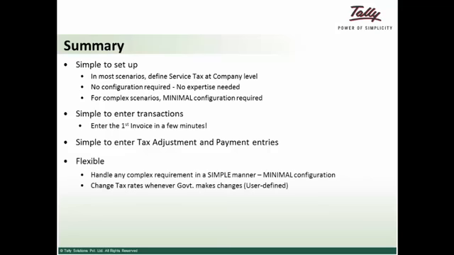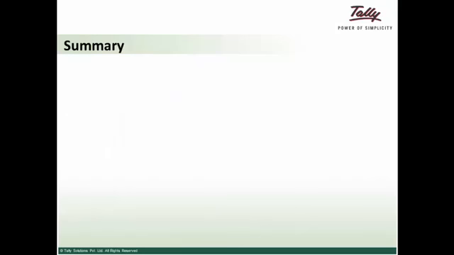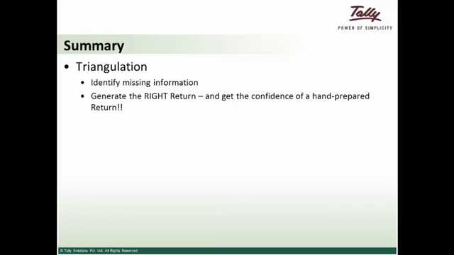Flexible. We can handle any complex requirement in a simple manner, whether it is setting up a GTA or reverse charge, tax computation on realization basis, etc. Very minimal configuration is required. Accurate. Because of minimal configuration, Release 5.0 ensures that minimal errors occur. Triangulation.